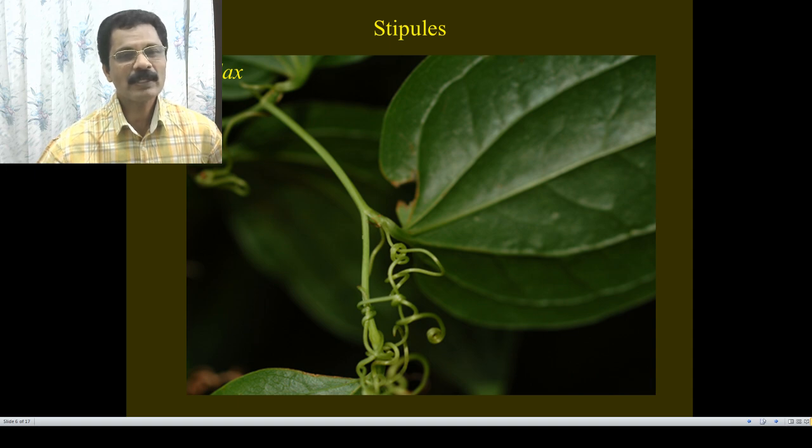That structure is called stipule. That stipule is modified into tendril. They help the plant to climb on the support. See, the leaf is modified into tendril, leaf tip is modified into tendril, and the stipule is modified into tendril for climbing support.